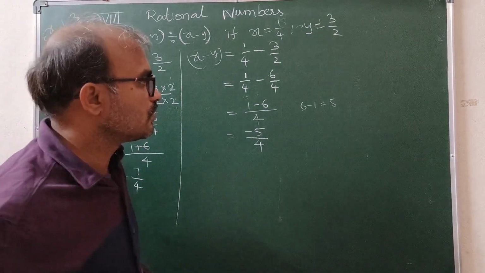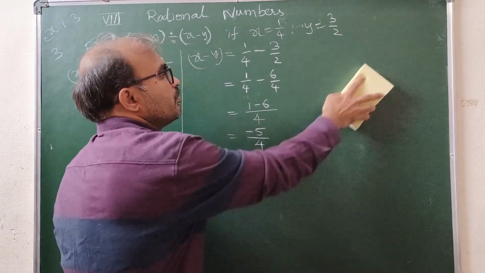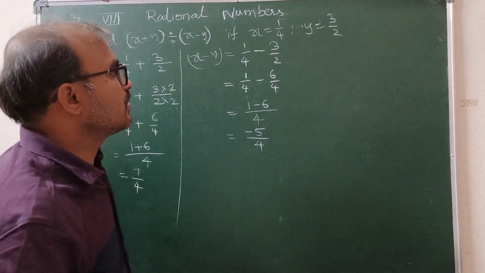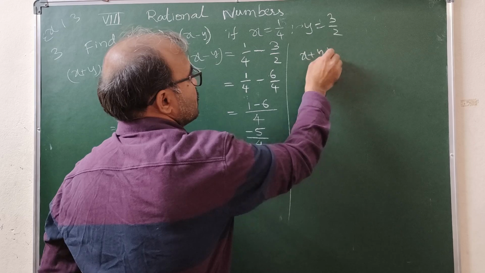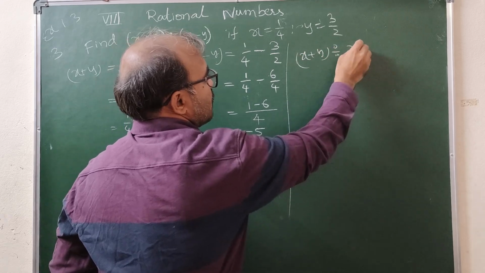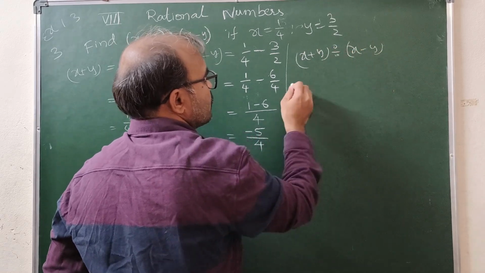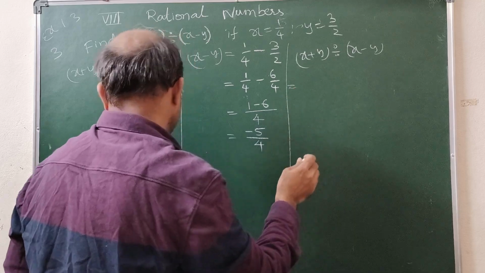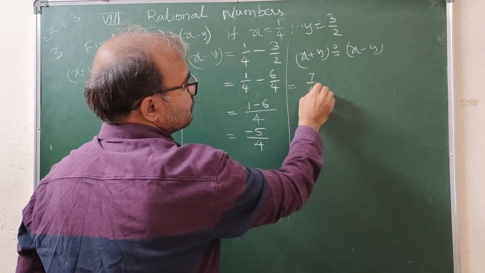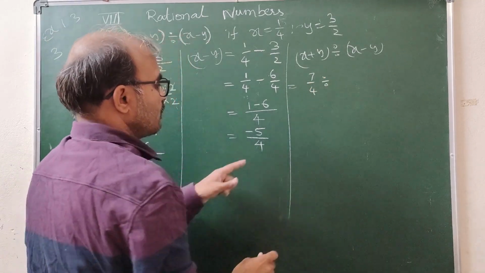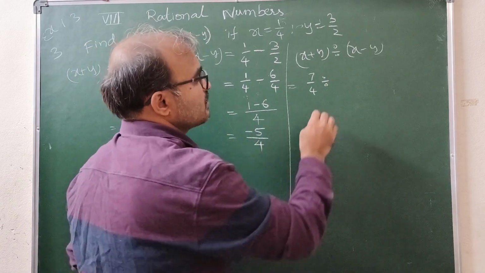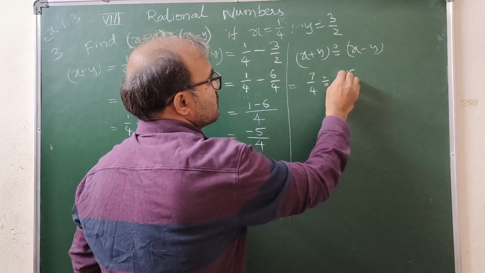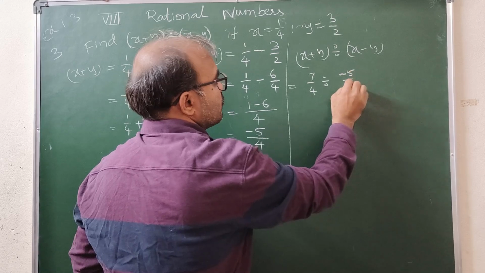Now the main question is to calculate the value of x plus y divided by x minus y. So x plus y value we got as 7 by 4, divided by x minus y value, minus 5 by 4.